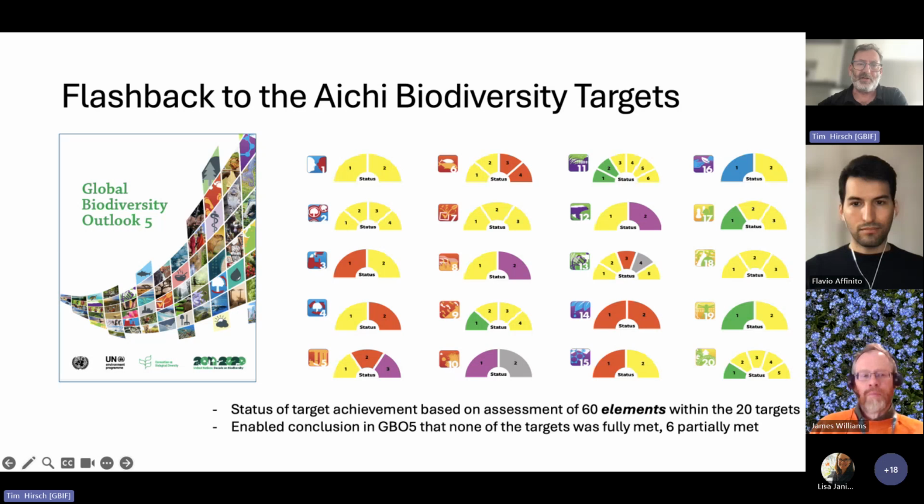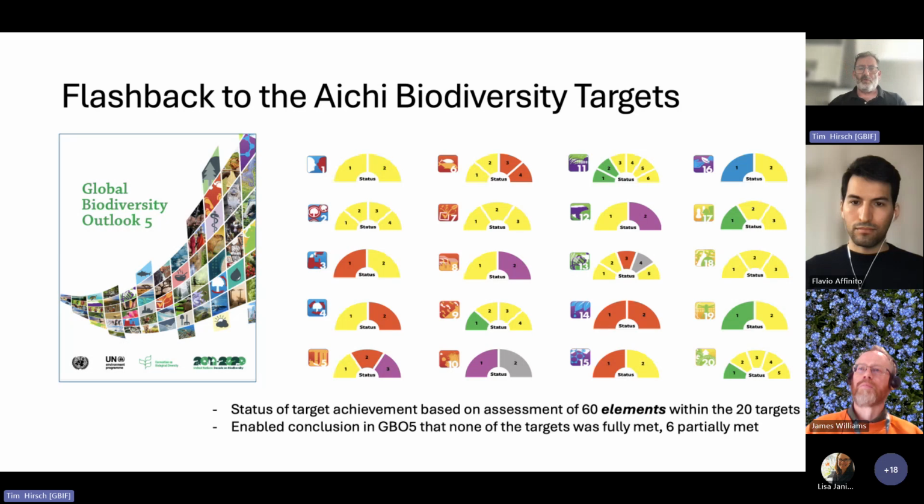the handling of the Aichi biodiversity targets, of course, in the decade for biodiversity leading up to 2020. Many of you will be familiar with and remember this chart, which was included within GBO5, the fifth Global Biodiversity Outlook, which of course reported on the level of achievement of those targets.